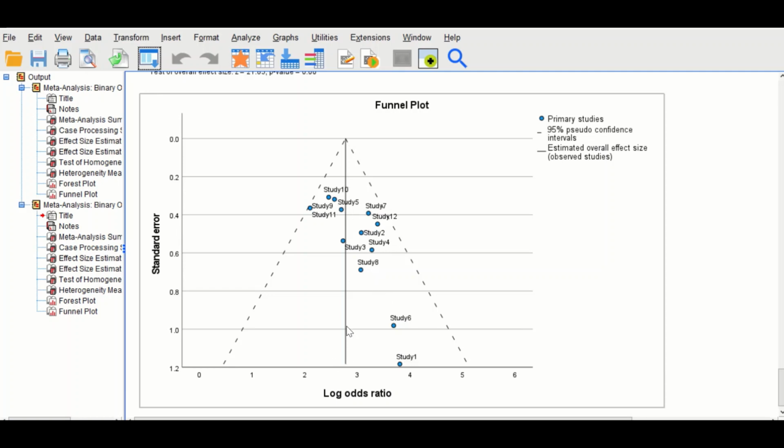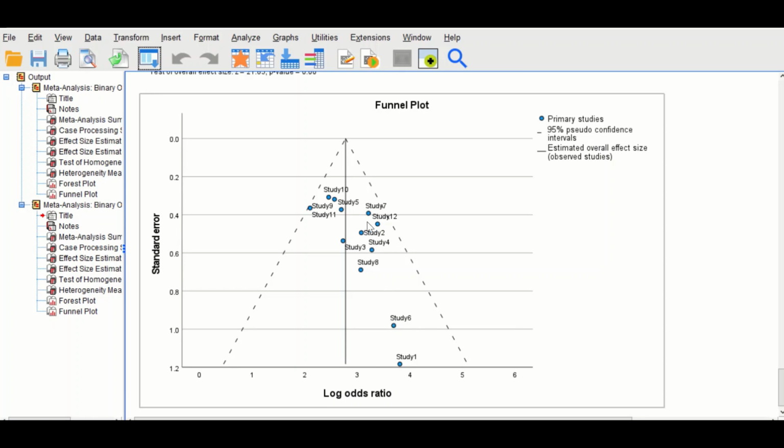And the line here in the middle represents the pooled or overall effect size, which is the overall odds ratio of 2.77. In this funnel shaped graph, the distribution of these studies should be equal above and below, which indicates, if they are equal or approximately equal, no bias. However, if they are unequal, then they suggest a bias.